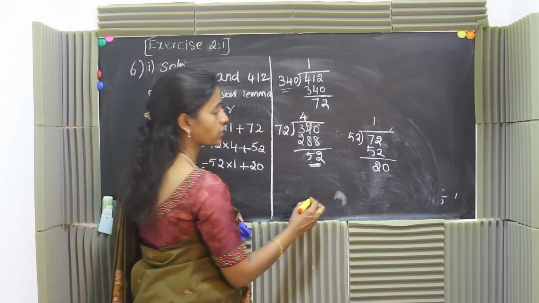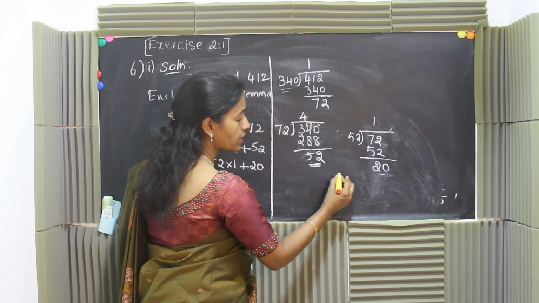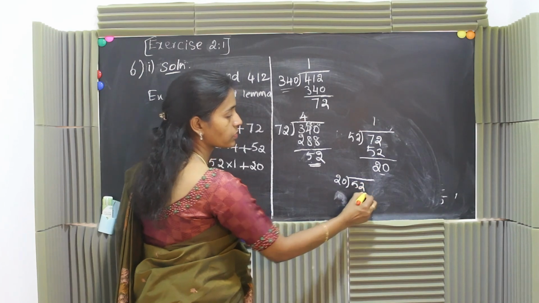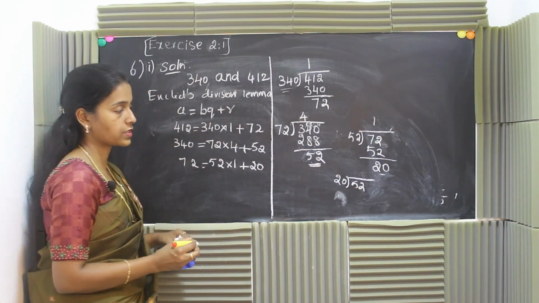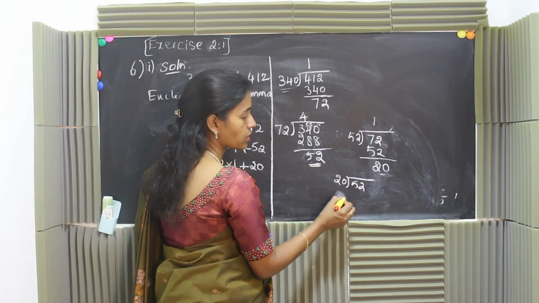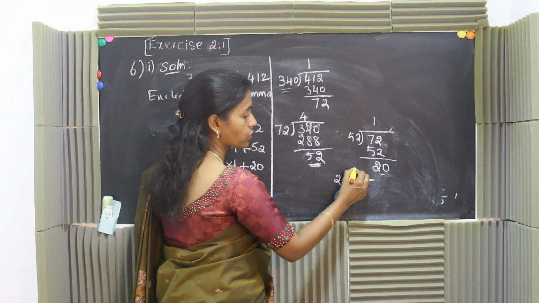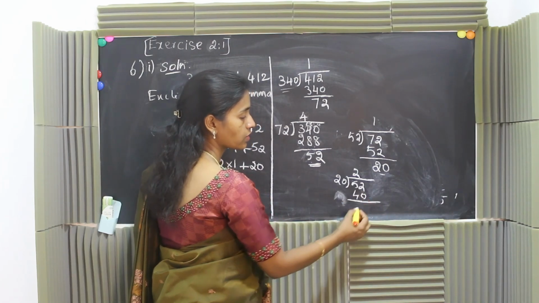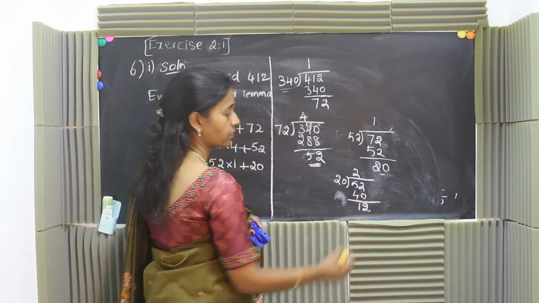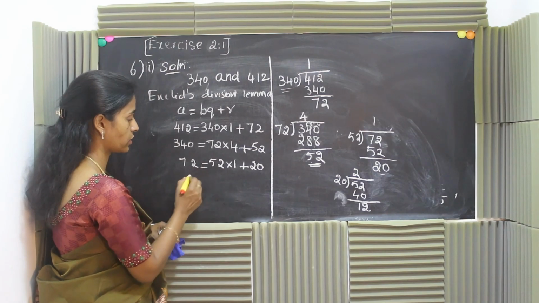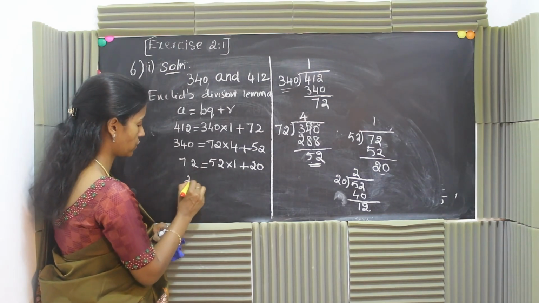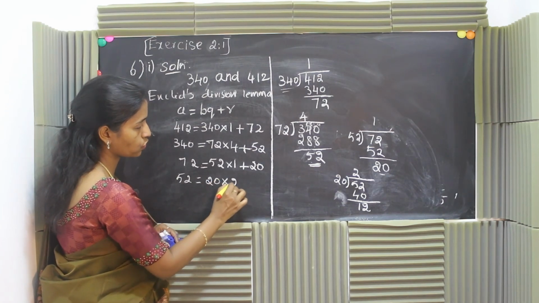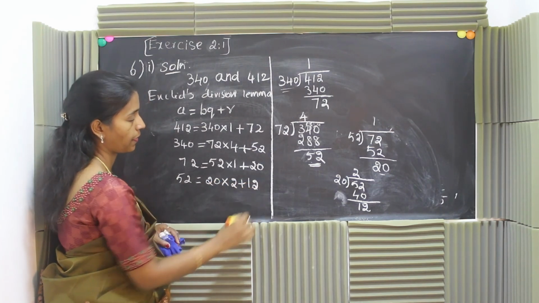Again we have to continue. In this case 20 becomes divisor, 52 becomes dividend. 1 into 20, 20. 2 into 20, 40. 52 minus 40, 12. So here, 52 equals 20 into 2 plus 12.